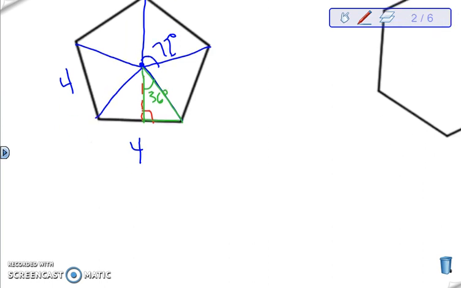So if I want the area of one triangle, first I need to find the height. So tangent 36 equals the opposite leg, which is 2, this guy, over the adjacent leg, which is the height. And there we go. So if I take 2 divided by tangent 36, I get about 2.8.